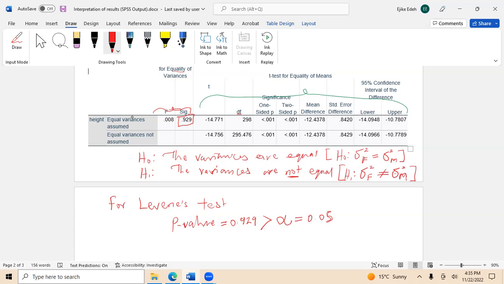And remember what we do when that is the case. Sorry, whenever p-value is greater than alpha, we fail to reject the null hypothesis.